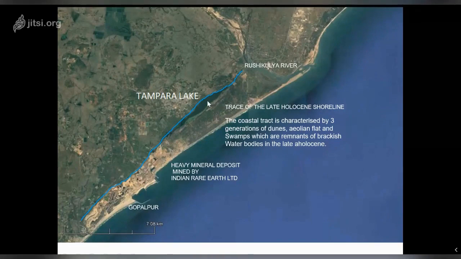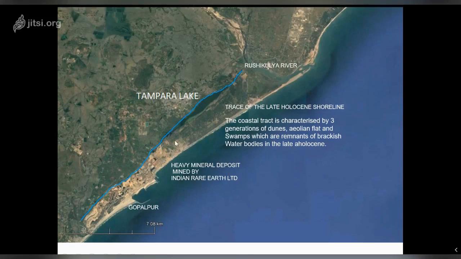The sea level was here at a time, and what remained here is the small remnant of the legacy of the shoreline. When the sea receded, sometimes it leaves behind small pockets of water bodies, and that has remained here. Now it is totally a freshwater lake because it has no connection with the sea today, unlike Chilka Lake.